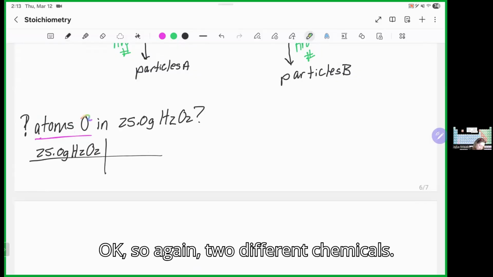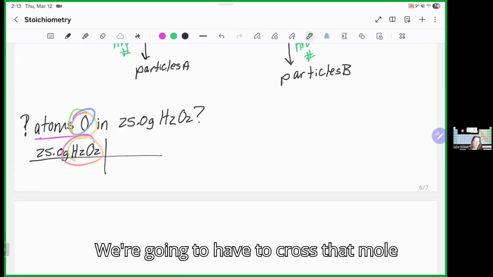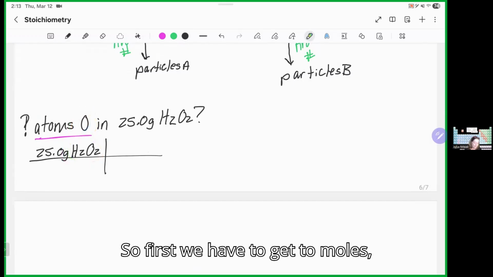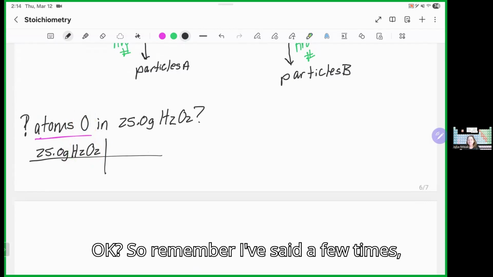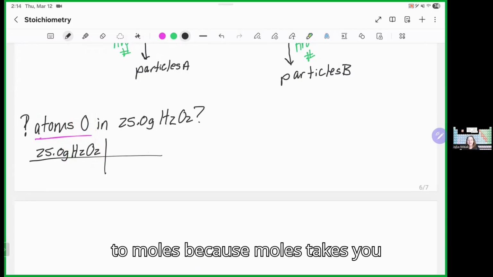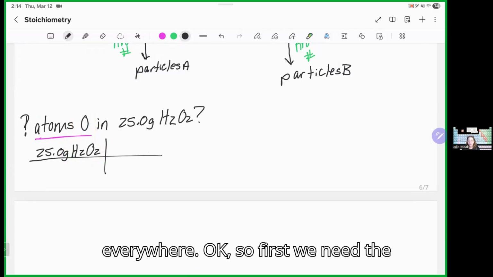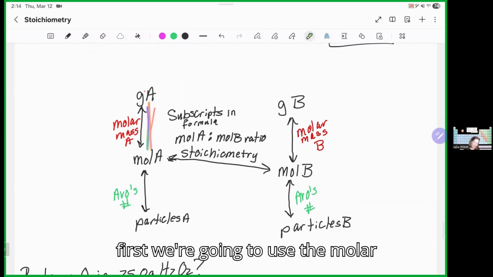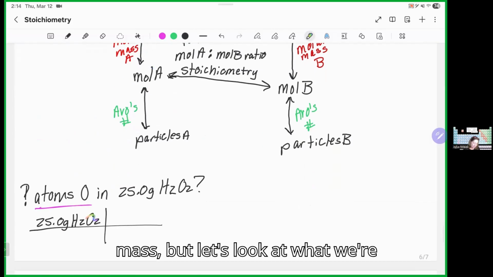Okay, so again, two different chemicals. We're going to have to cross that mole river. Okay, got to cross the mole river. So first we have to get to moles. Okay, so remember, I've said a few times, if you don't know what to do, go to moles, because moles takes you everywhere. Okay, so first we need the molar mass, because we're at grams. So first we're going to use the molar mass. Oh, let's look at what we're looking at here.